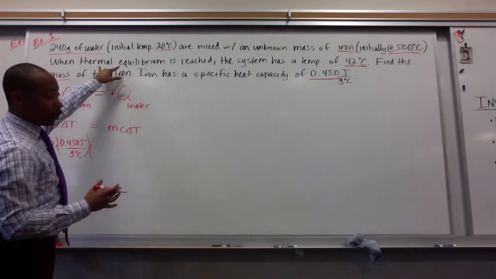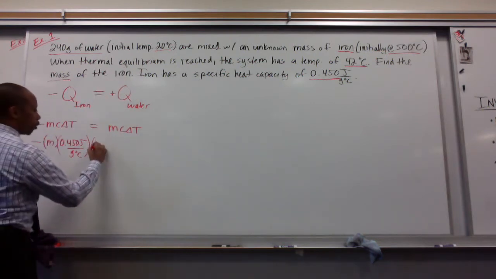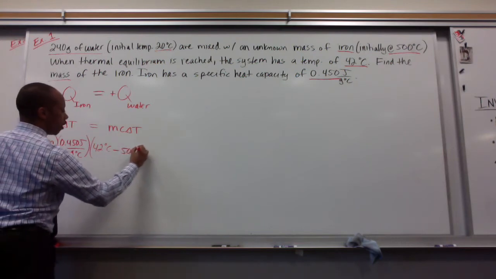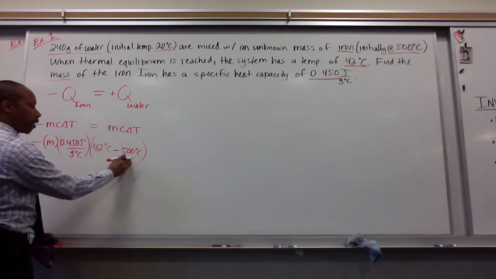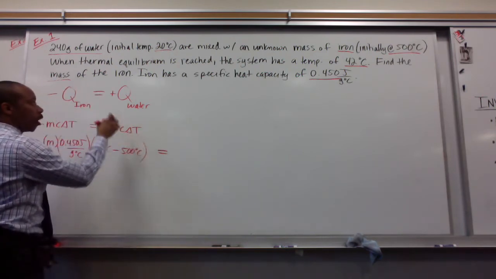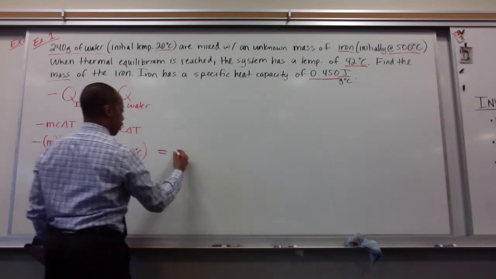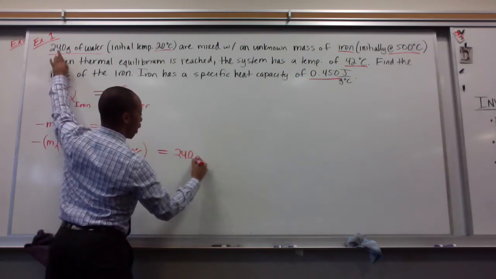That's why they're in thermal equilibrium, because they both reach the same final temperature. So final temperature is 42 degrees Celsius for the iron, and it started at initial temperature of 500 degrees Celsius, T final minus T initial. This is equal to the heat of water, the heat gained by the water. To be more specific, the mass of my water is 240 grams.